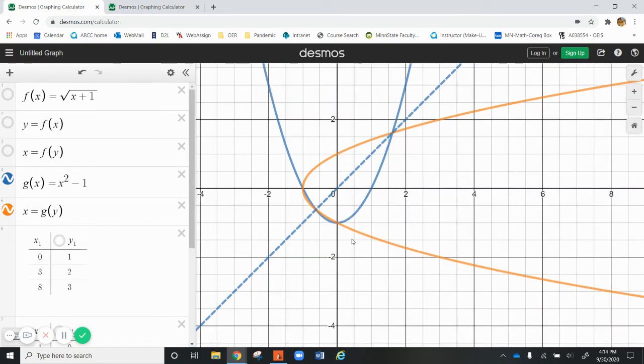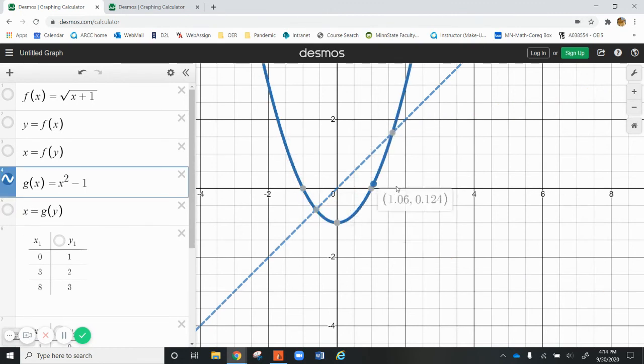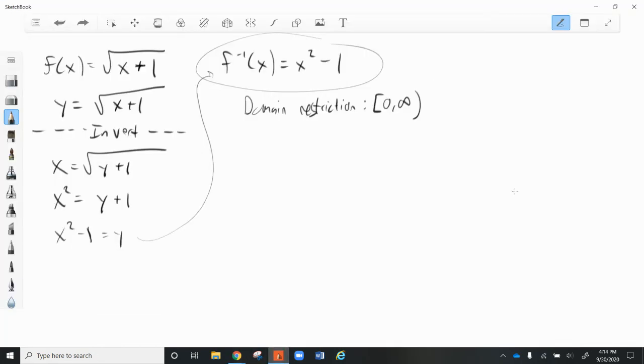But the problem with the orange graph here is that this one is not a function. It doesn't pass the vertical line test, and the reason is that the original function did not pass the horizontal line test. Think back to when we introduced functions. I introduced this idea called one-to-one. It turns out one-to-one functions are the only functions that are invertible. If you're not one-to-one, then you're not invertible.